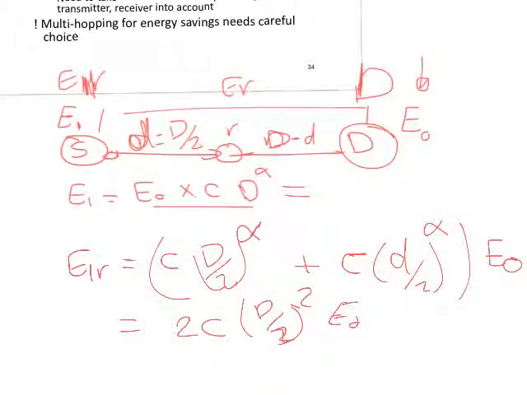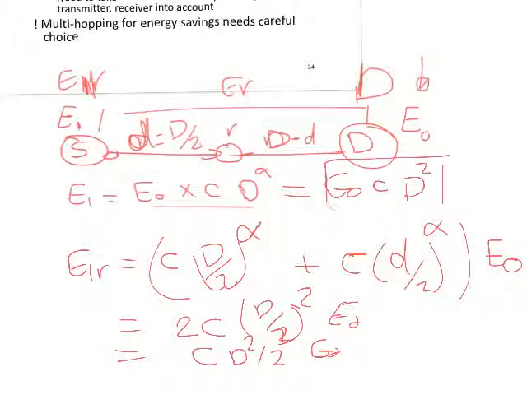So this is E C D to the power 2, and this is C D to the power 2 over 2. Because alpha is 2, this is D squared over 4, and there's 2 here, so this is D squared over 2, which means that this power is double this power.